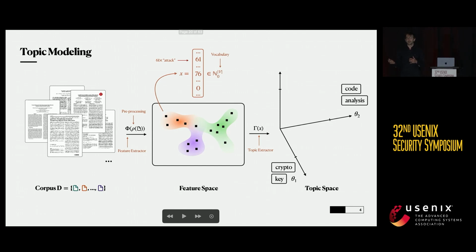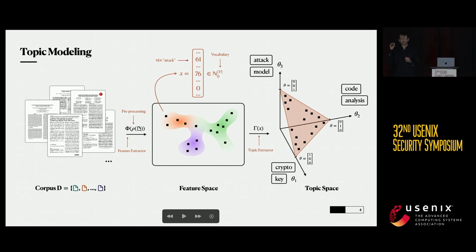In the second dimension we have the topic code analysis, and the third dimension is something about machine learning security. This defines the topic space, and we map all the documents from the feature space, these bag of words vectors, to this topic space. Then we can see that one paper submission is a topic mixture of, for example, attack models, so adversarial machine learning security, and code analysis.